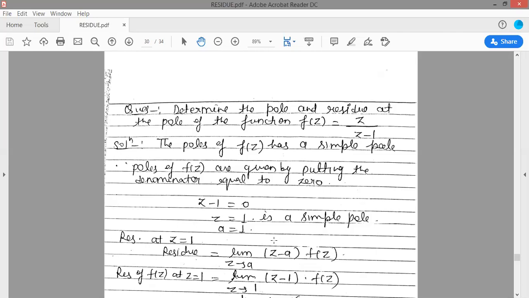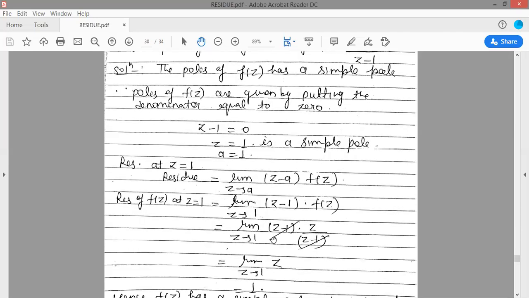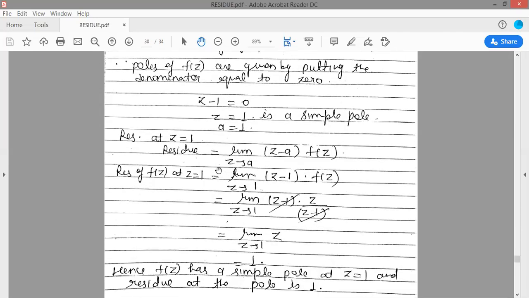Now we need to calculate the residue at z equal to 1. For a simple pole, you have to learn the formula of residue: residue is equal to limit z tends to a of (z minus a) into f(z). We are putting z equal to 1 here. So residue of f(z) at z equal to 1 is limit z tends to 1 of (z minus 1) into f(z).